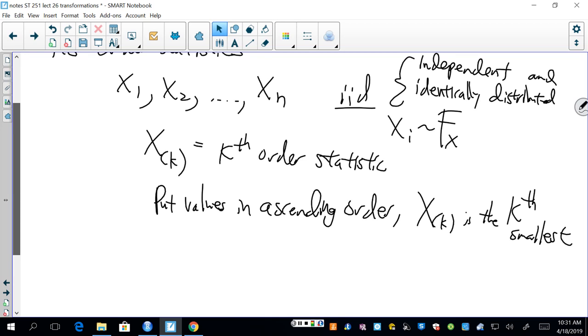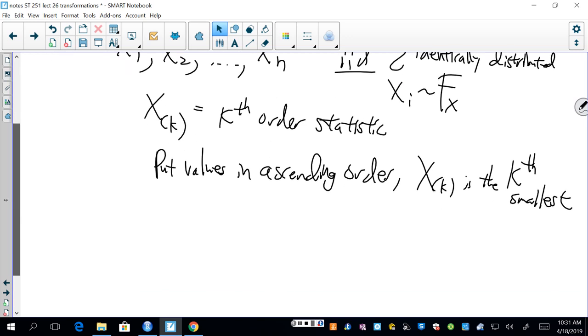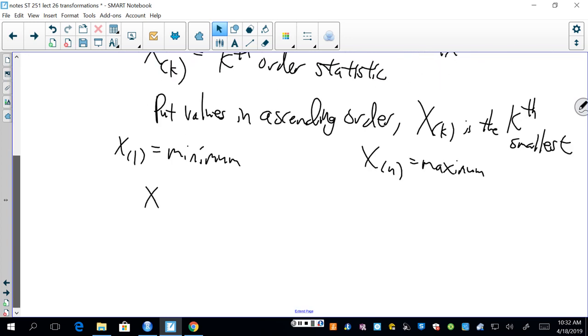So x of 1 is the first smallest, or the minimum. And then x of n is the maximum value. And they're all sorted like this. If you actually had values, you could just put them in order and get the jth or the kth particular value.